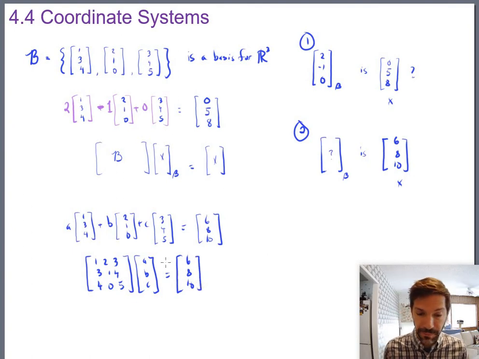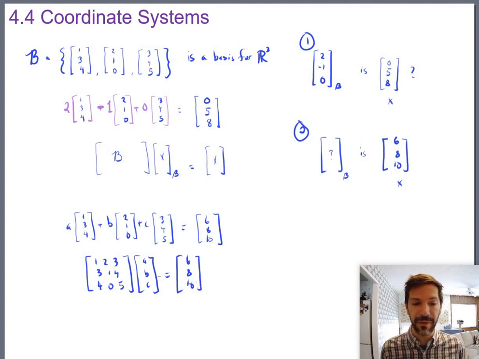Solving that, we have 2 ways to go about this. You can either augment and row reduce, like I did in the last video. If you'd rather find the inverse for some reason, you can definitely left multiply both sides of this equation by the inverse. And that would also get you there. Either one of those would solve you for these particular coordinates.